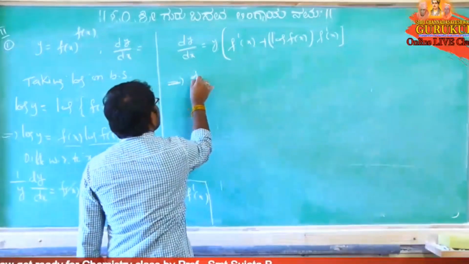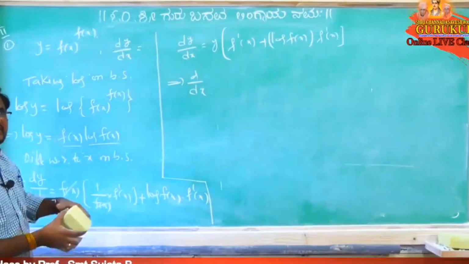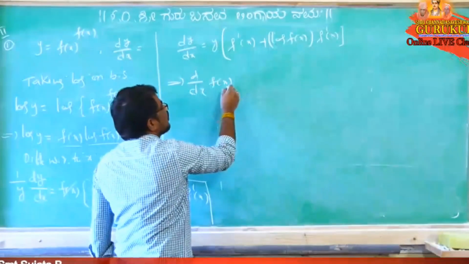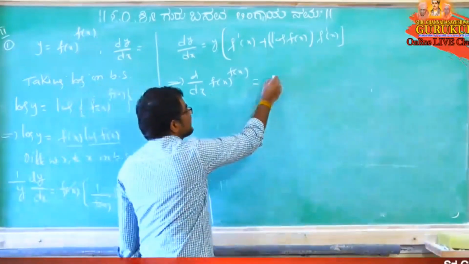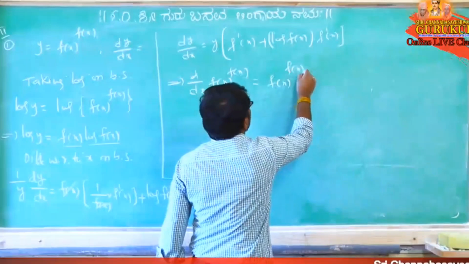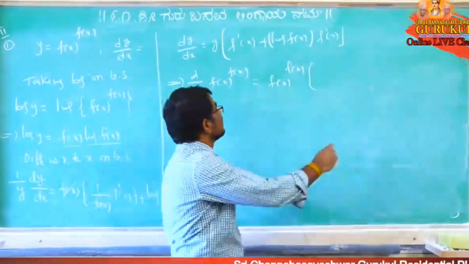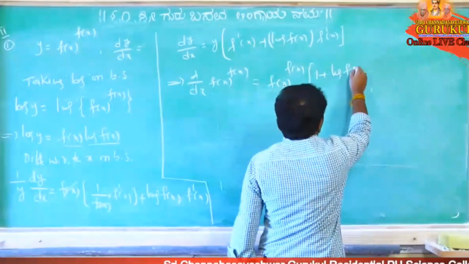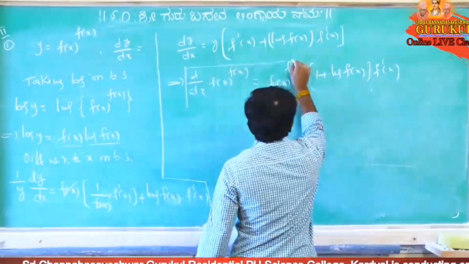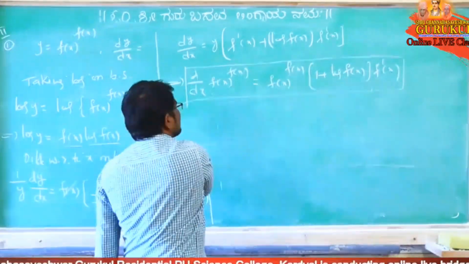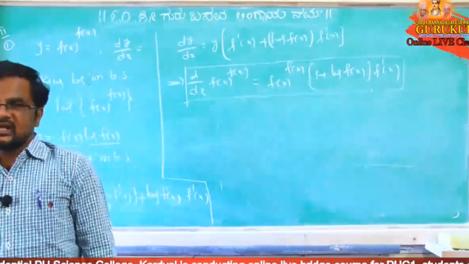That implies d by dx of f of x whole power f of x equals, again y is f of x whole power f of x. So in these two, what do we have to take common? f dash x, 1 plus log of f of x into f dash x. This is our answer. The same procedure we have to follow for all the problems which are in the form of f of x whole power f of x.